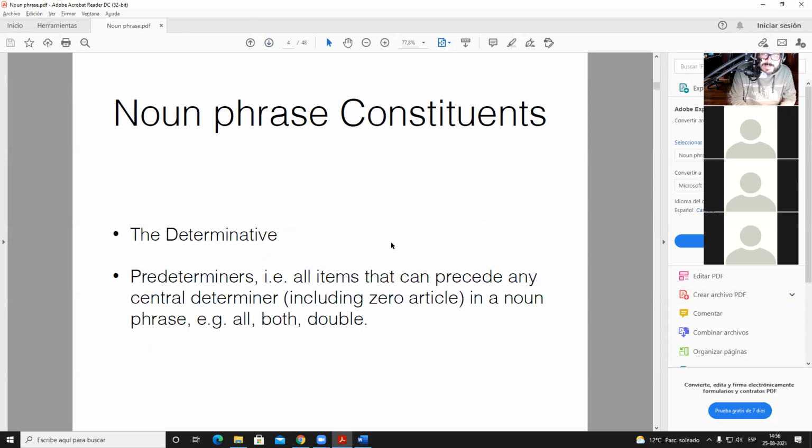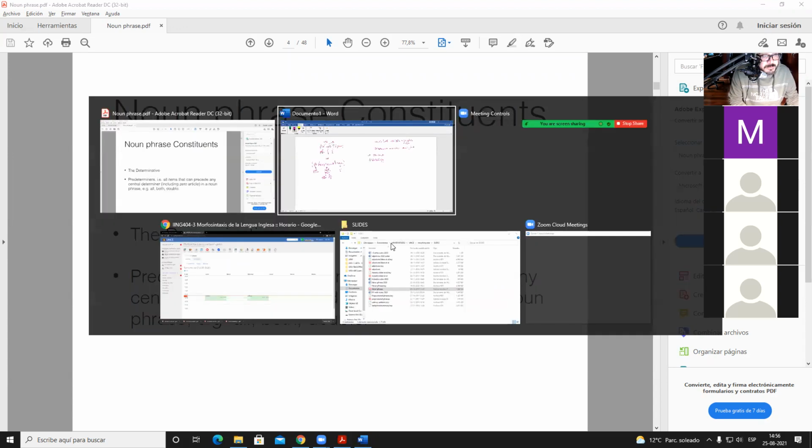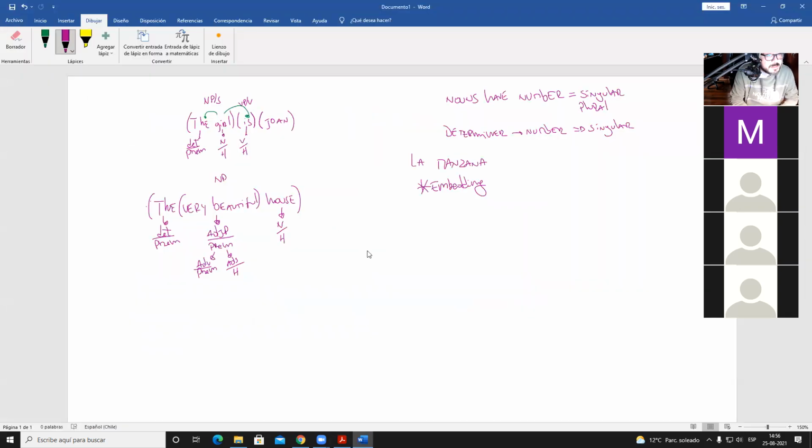Noun phrase constituents, the determinative. Okay, here we have some other interesting elements. As I said before, a noun phrase can be understood as a square where inside of it we have the head as the central obligatory element.